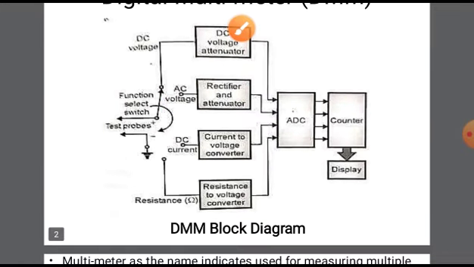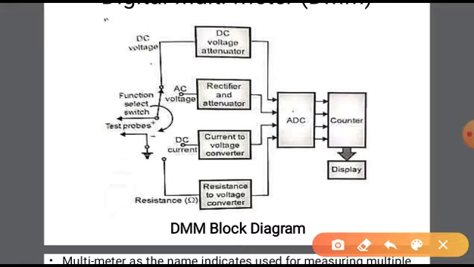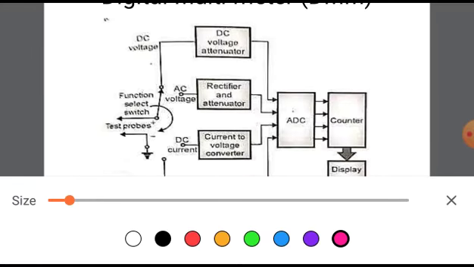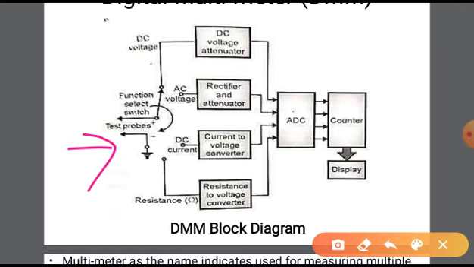The third measurement is the DC current measurement. Unknown current is supplied through this wire. You know that current is of two types, AC current and DC current, and your switch goes in this direction. We use a current to voltage converter, because voltage is always required by the ADC.